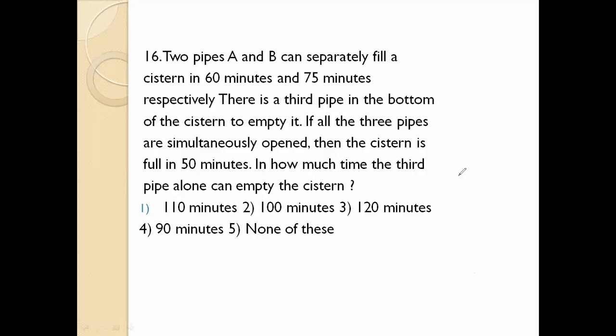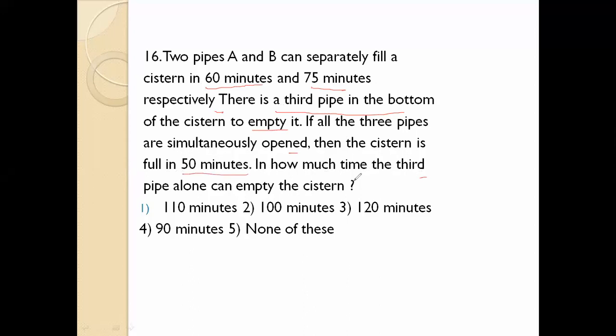Now here you see that. Which one is the correct answer? Two pipes A, B can separately fill a cistern. Cistern means tank. 60 minutes and 75 minutes respectively. There is a third pipe in the bottom of the cistern to empty it. If all three pipes are simultaneously opened, then the cistern is full in 50 minutes.